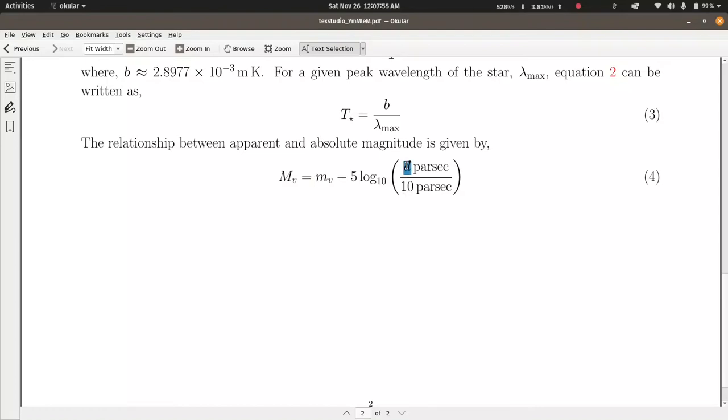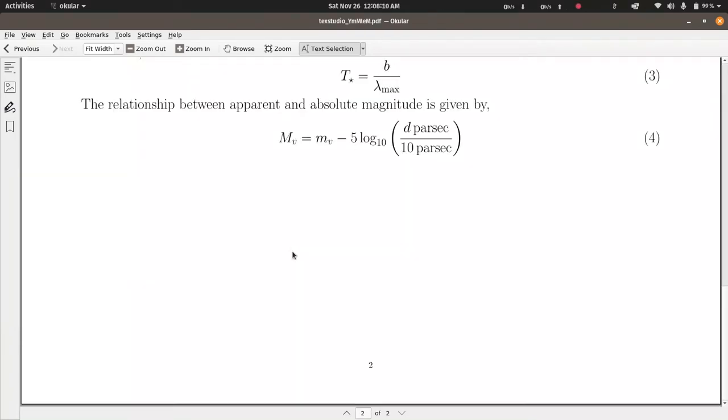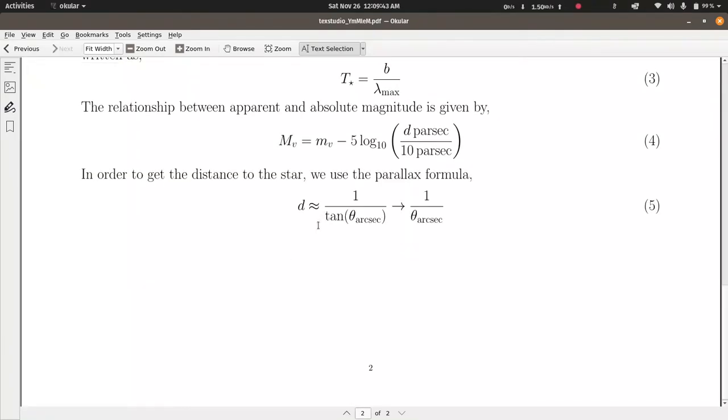But here we notice that we need the distance to the star in parsecs as well, which we do not have, but fortunately we do have the parallax for both of these stars. So we can use parallax to get the distance to the stars. We do that using this particular formula, which states that the distance to an object is equal to 1 over tangent of the angular measurement in arc seconds.